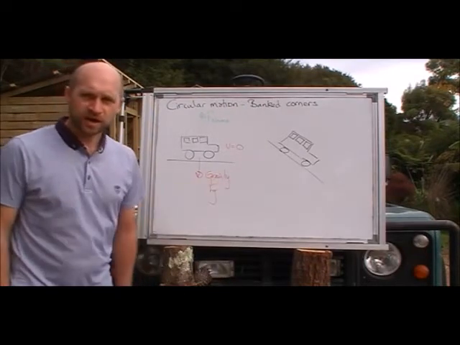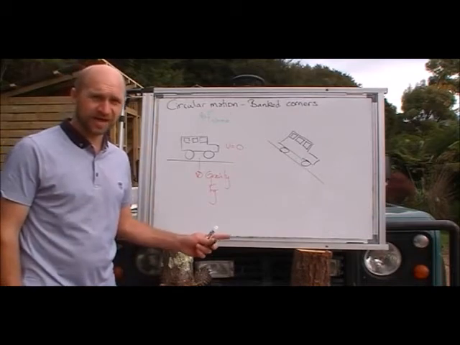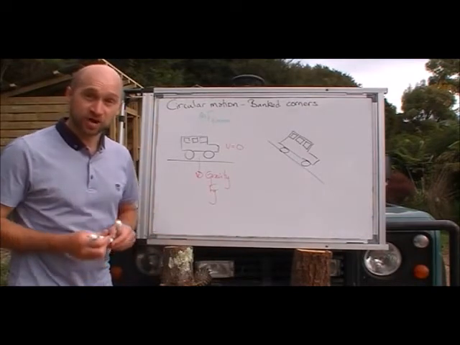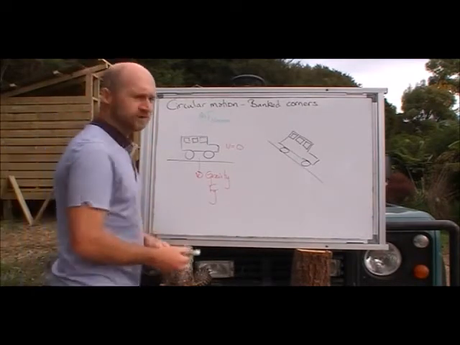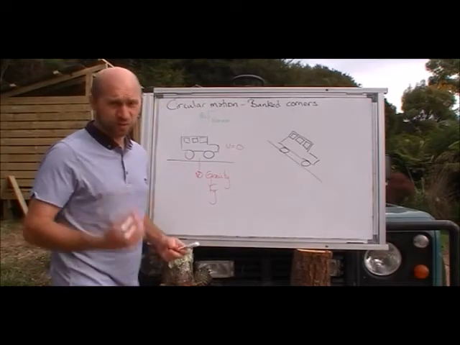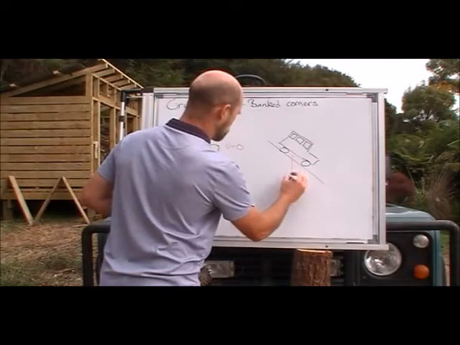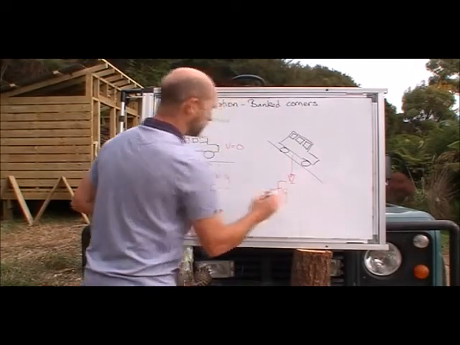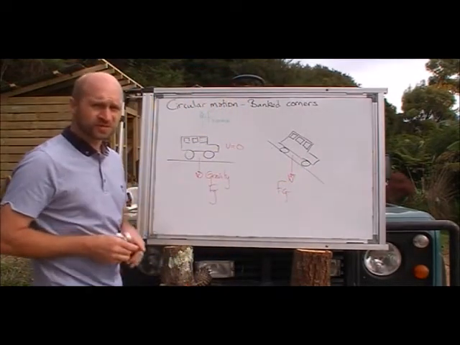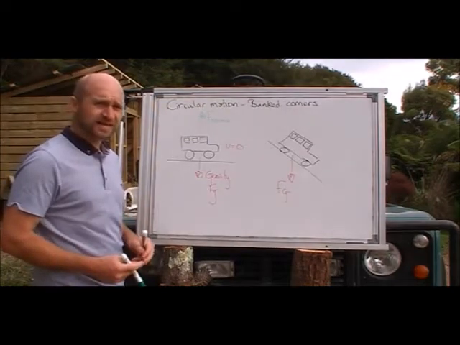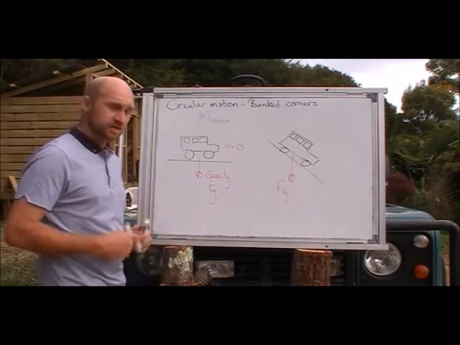Except I know when I park on a hill, I've got to put the handbrake on or I'm in trouble. Forces, gravity, always acts down. We know that the normal force is normal, at right angles to the surface.